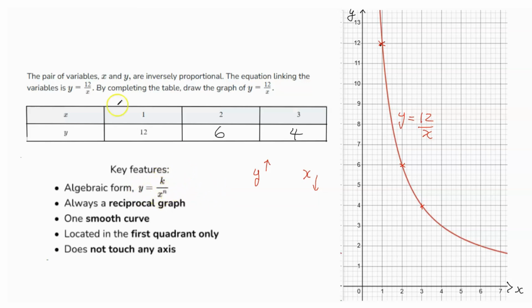So with our equation here, y is equal to 12 over x. Here, k would be 12. Next thing we need to note is that it's a reciprocal graph. And it's always smooth. And it has to be in the first quadrant only. And it never touches the x-axis.